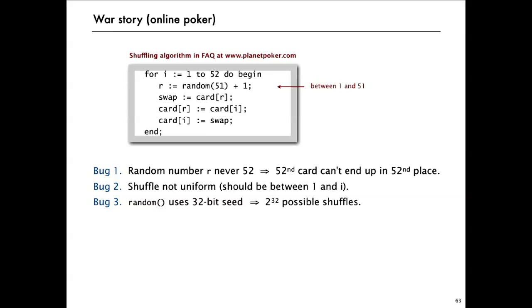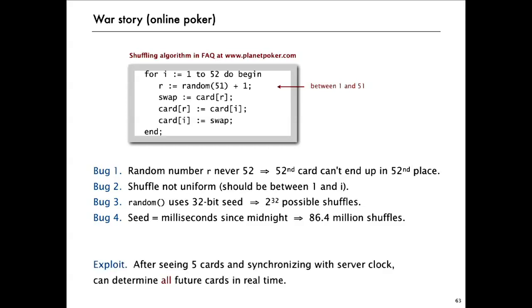If you do that, there's not enough possible shuffles. The number of possible shuffles is much more. If n is 52, it's 52 factorial, which is a lot bigger than 2 to the 32nd. So it's not close to random or uniform. And the other thing is that the seed is just the number of milliseconds since midnight, and that cuts down the number of shuffles even more.